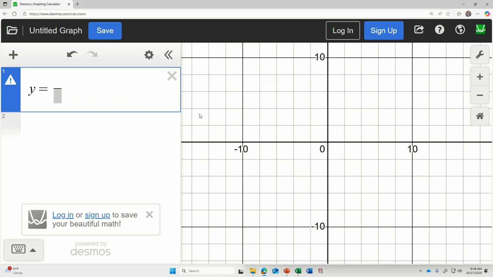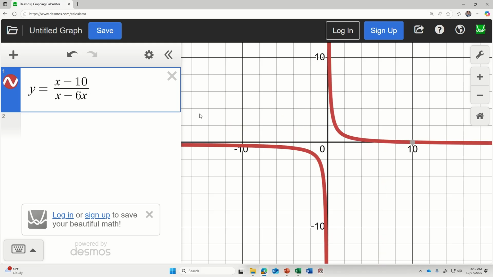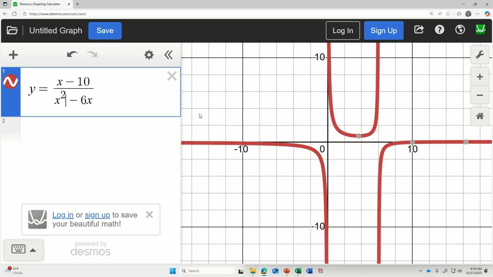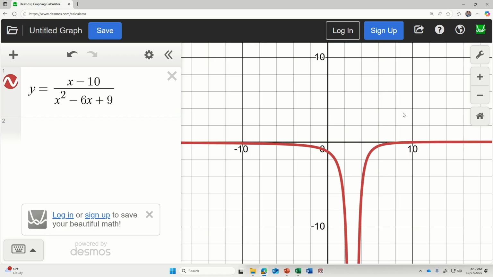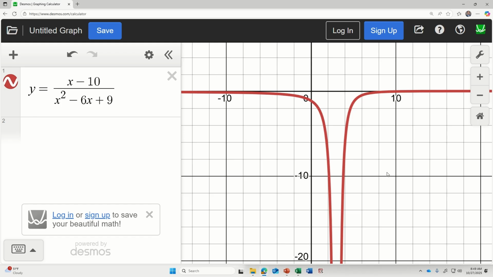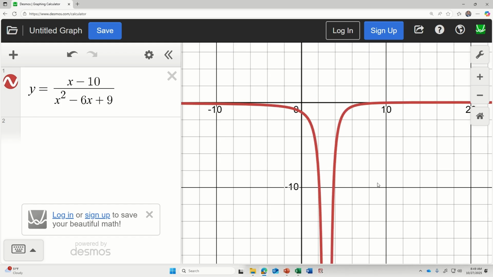x minus 10 over x squared minus 6x plus 9. This is what an even pole looks like. It doesn't switch plus or minus sign, precisely because the multiplicity in the denominator is an even number, right?